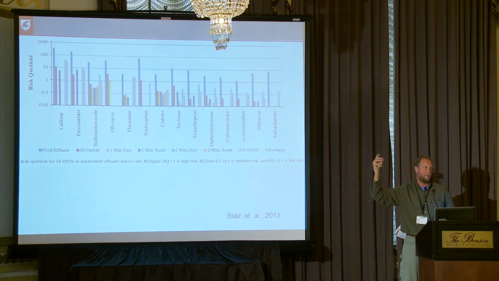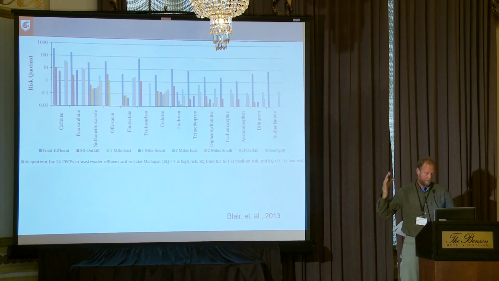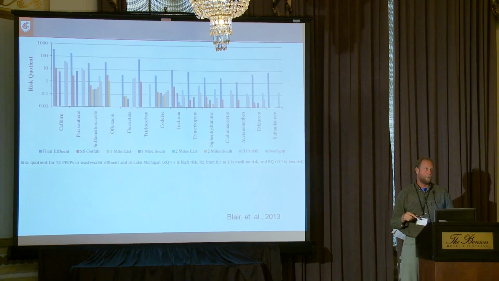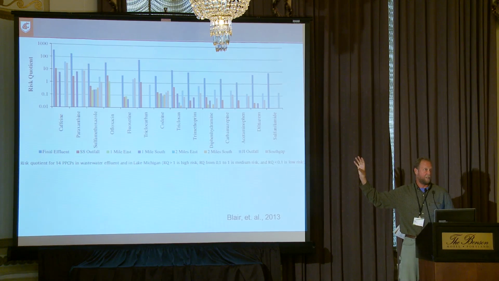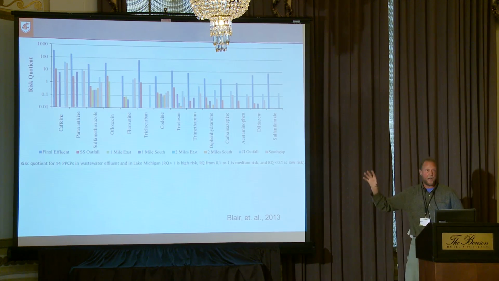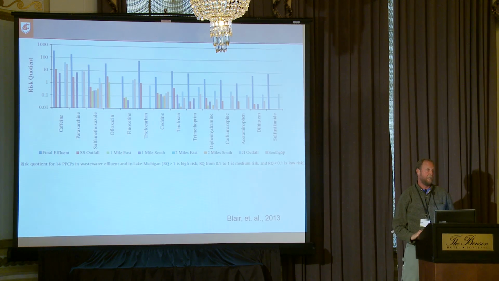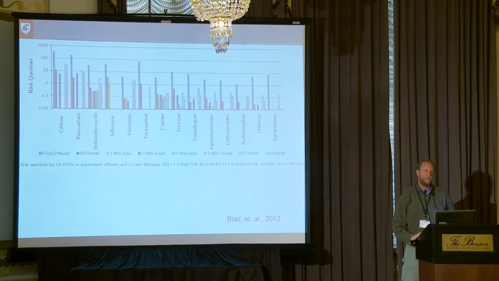They call it a higher risk. And so there's numbers there above 100, above 10. So kind of a kludgy, but a risk quotient. It gives you an idea that they are finding these things coming out into our waterways, and they're not really being well accounted for.